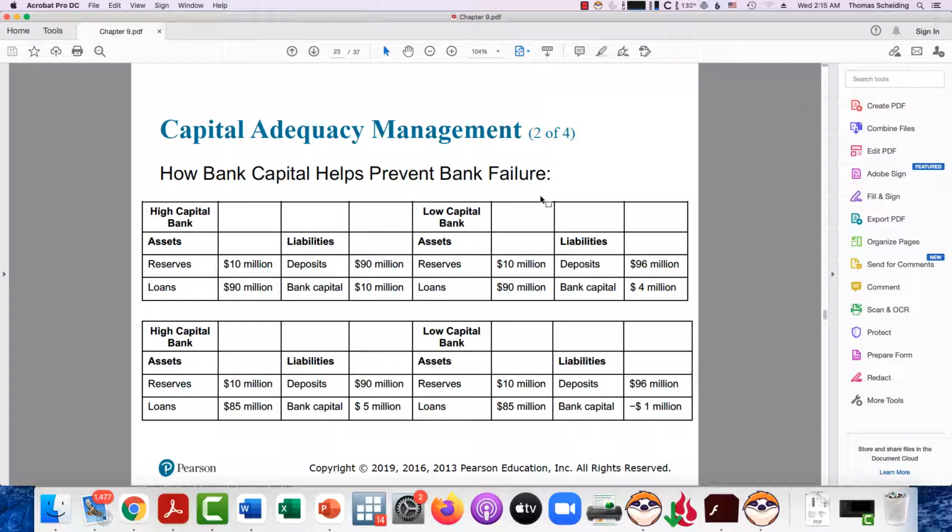And you can see here under the high capital bank sides of this graph, you've got banks that if they have enough bank capital, they can avoid bank failures.